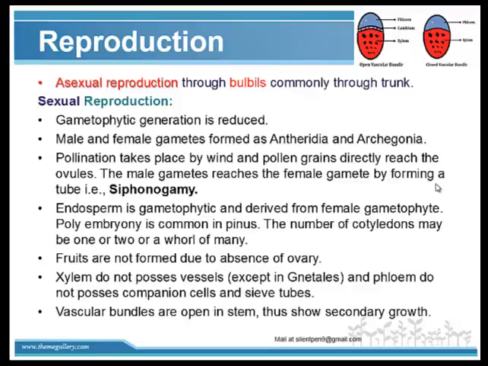Keep this point in your mind. When you learn the same thing in the other class, the division is a little bit different. And next we can see the xylem and phloem structures. We have two types of structures here, open vascular bundle and closed vascular bundle. The open vascular bundle will have cambium.